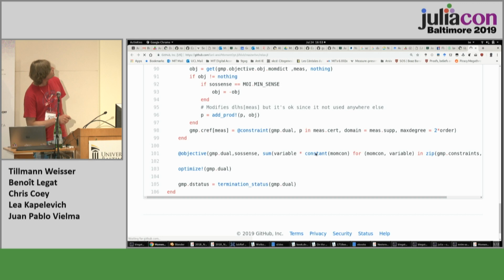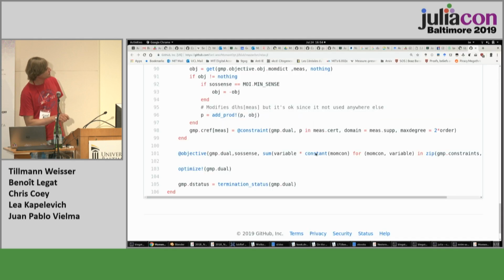So this is how I generate this dref, and the cref is actually for each measure. I will have one constraint, and this will be that the polynomial I created should be part of this certificate set.